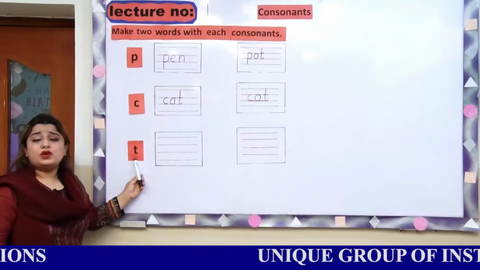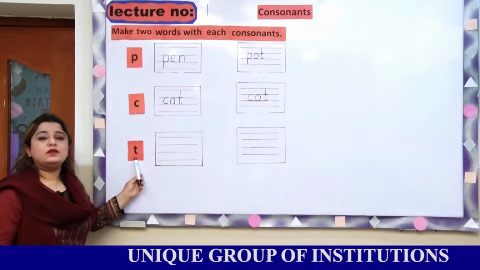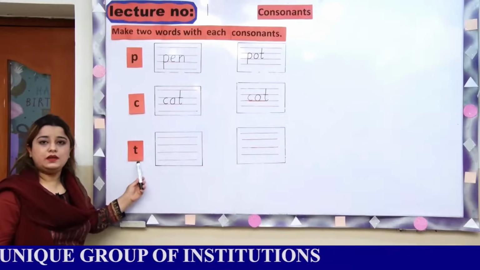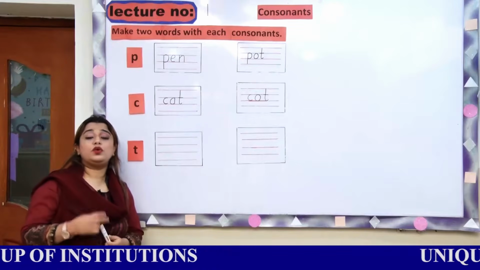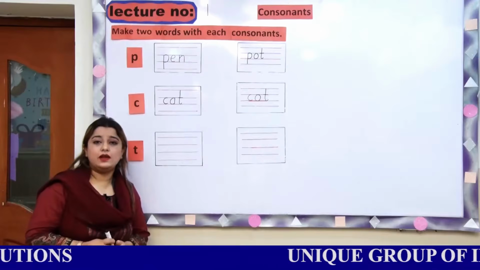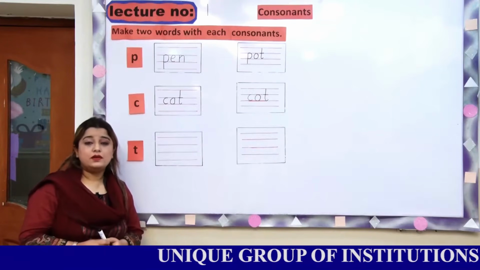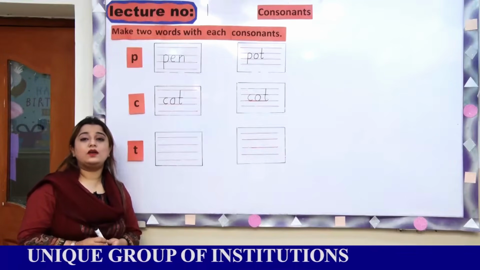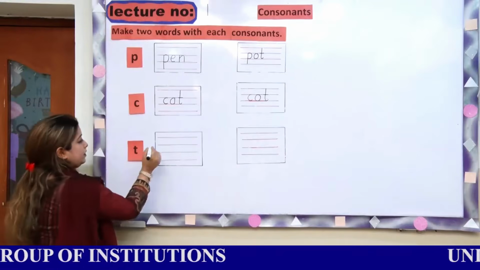So the next consonant is T. T. You can make two words with consonant T, like tap and top.